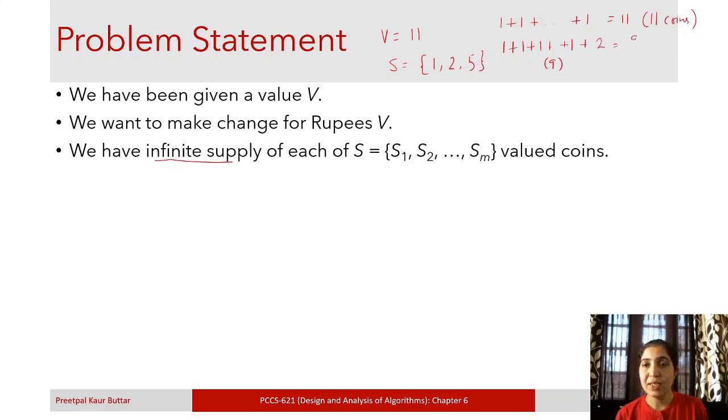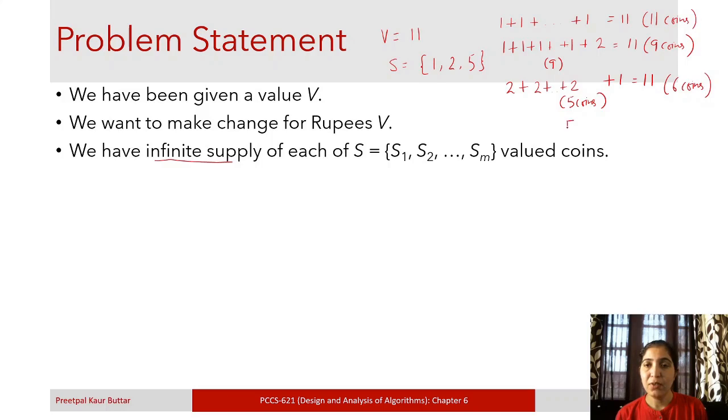This will add up to 11, and we will need 10 coins. Another approach is we can use 2 rupee coins, 5 of them, and a 1 rupee coin. This will make up the value 11, and in this case we will need only 6 coins.